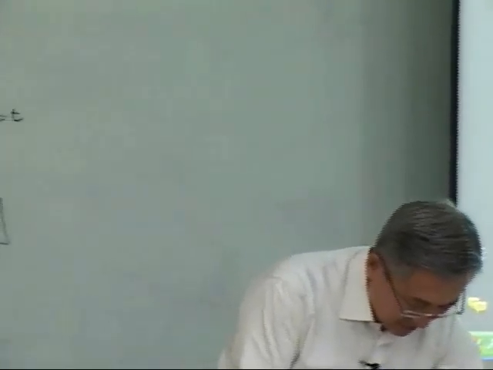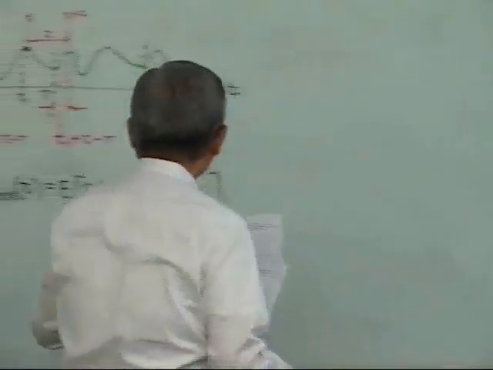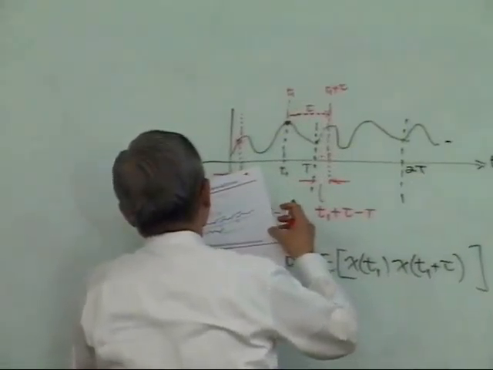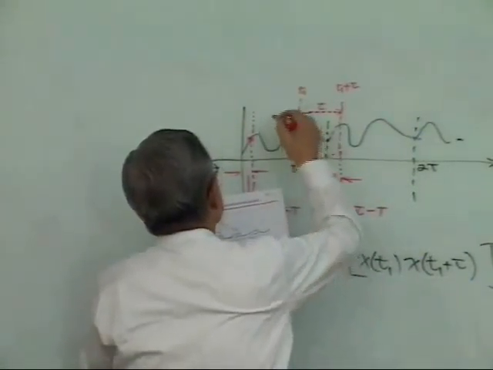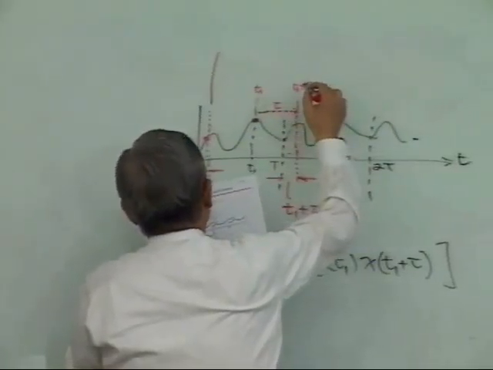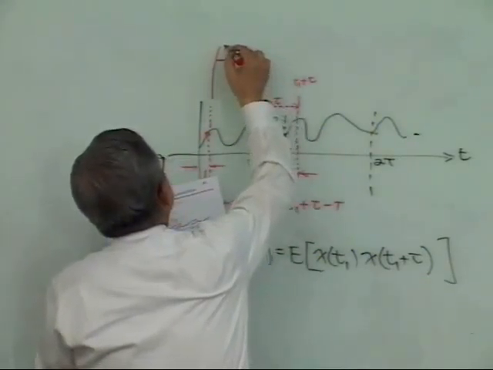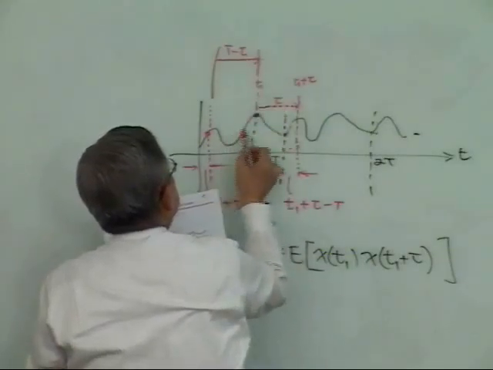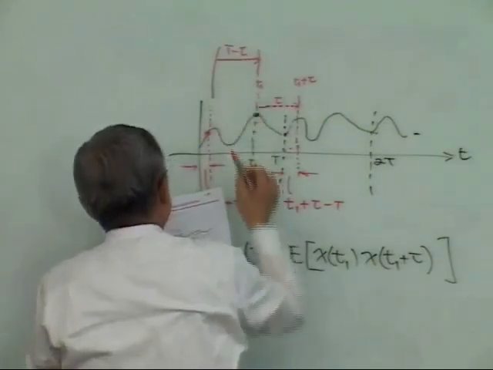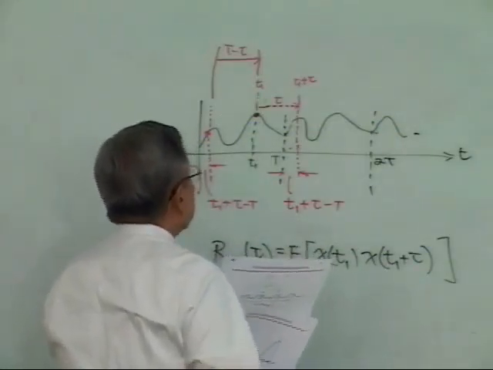And that generates the error. If you do this, when you compute from here to here, it should be T minus tau. You compute this point, take away that point, it should be T minus tau.